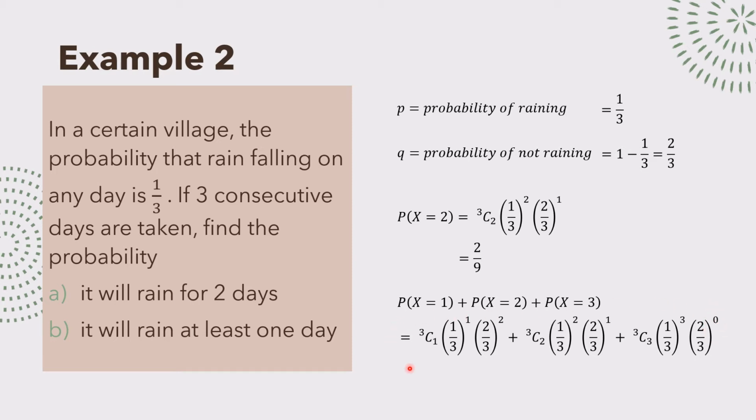This is all the cases you need to add. You need to find the total of all the probabilities, and you will get 19 over 27. Mind the phrase here, at least, which means at least one day is raining.